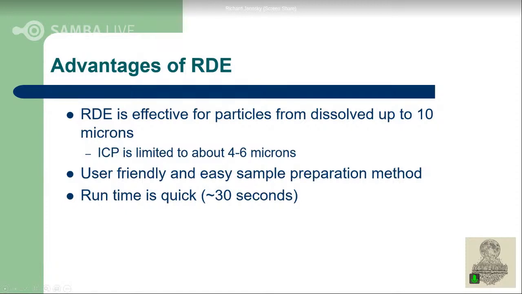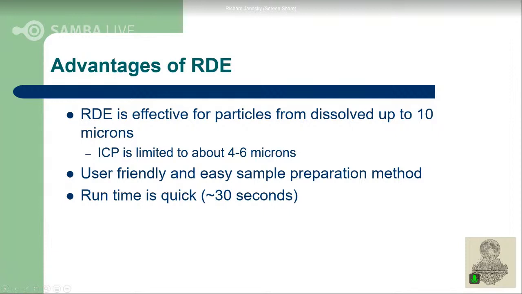Some of the advantages of RDE is that RDE is effective for particles from dissolved state up to 10 microns. So one of the advantages there is the ICP is limited to about 4 to 6 microns, so it does allow us to see a few more particles. The RDE is user-friendly.